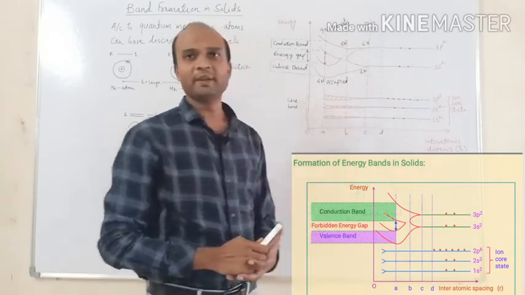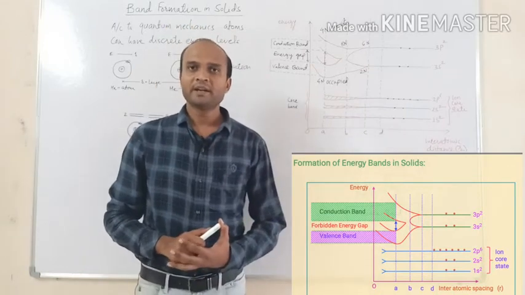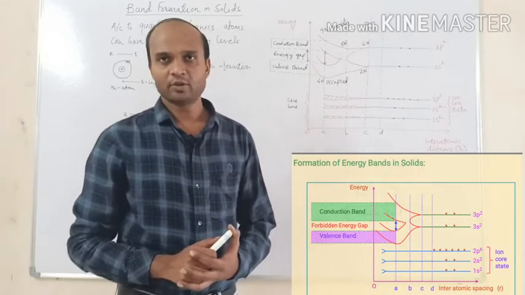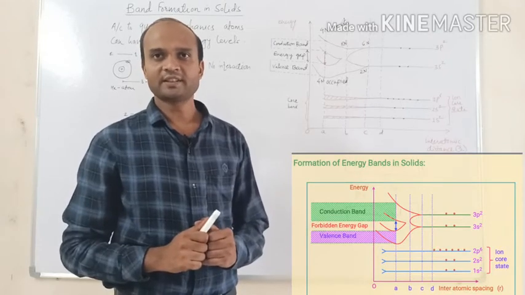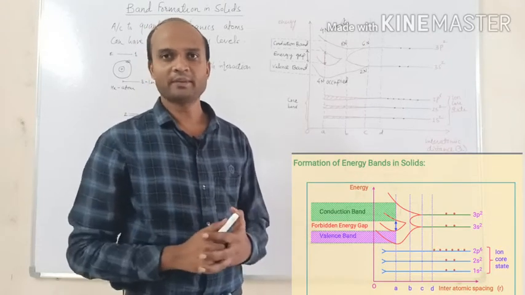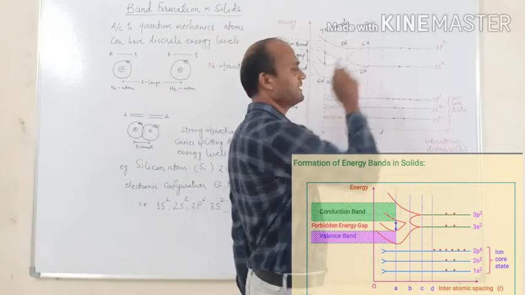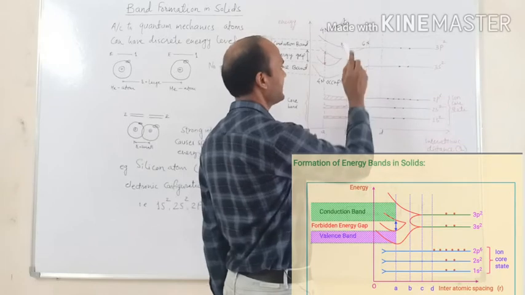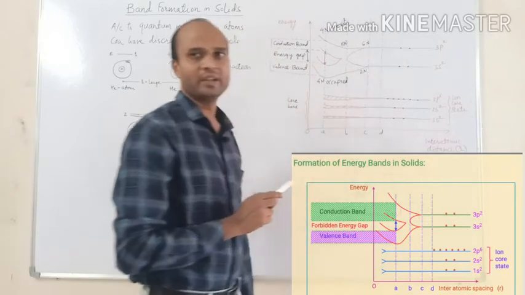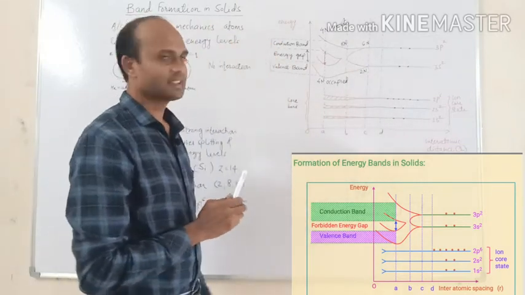Corresponding to 3p, a p orbital can contain 6 electrons, and if the interaction is between n atoms, it requires 6n states. So the 3p orbital will have 6n energy states, while 3s will have 2n energy states.